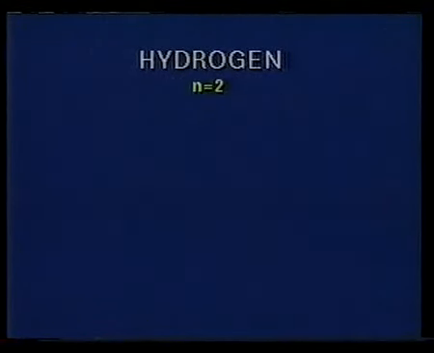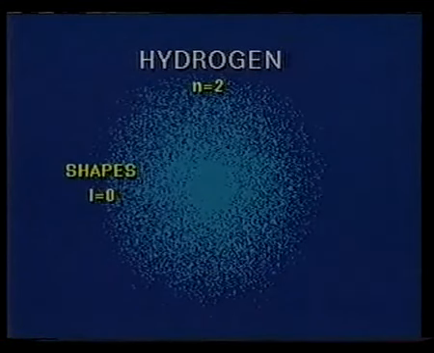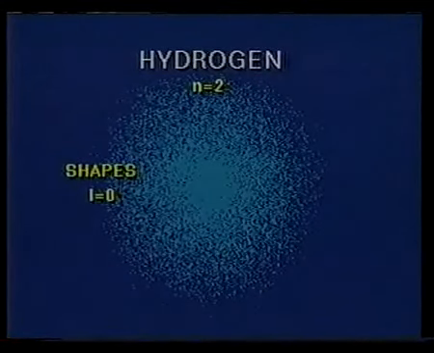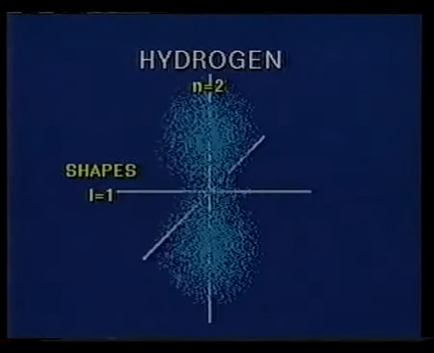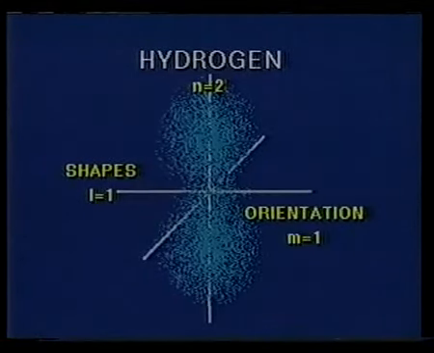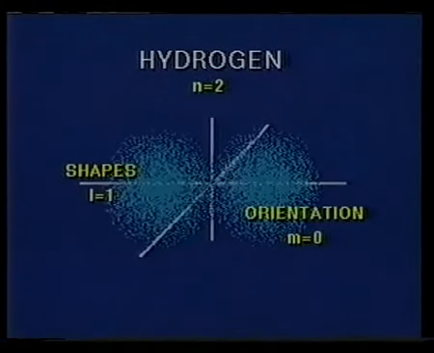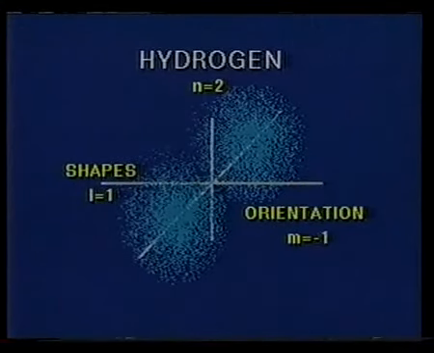When n equals 2, two shapes are possible. L equals 0 and L equals 1. This second shape can have several orientations in space: m equals 1, m equals 0, and m equals -1.